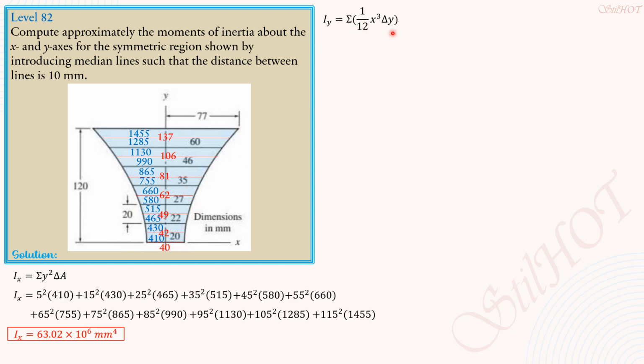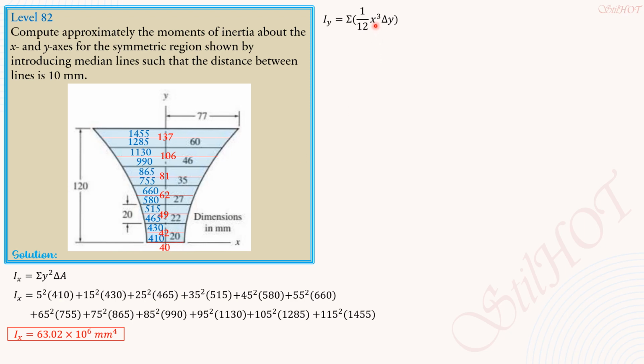Then delta y, where delta y is 10. Remember, the moment of inertia of a rectangle with respect to the centroid is 1/12 times base cube, and delta y is the height or the thickness, which is 10.